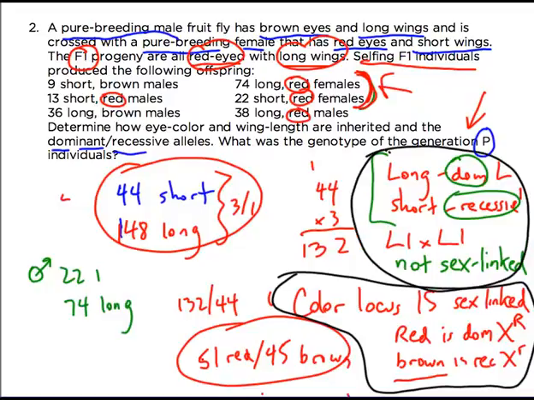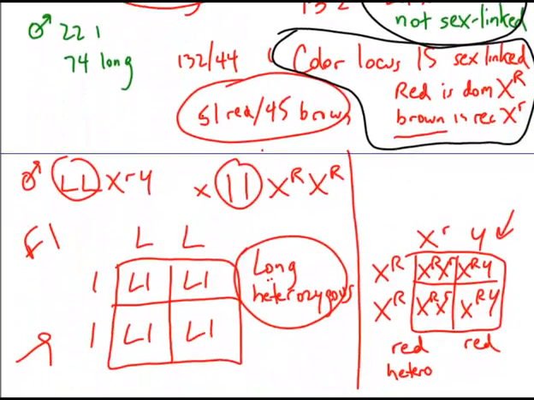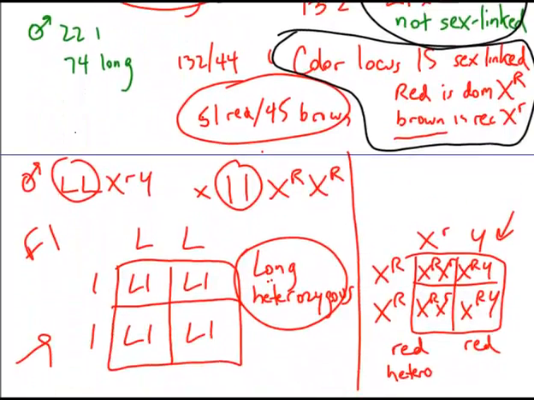What was the genotype of the original parents? Well, we see it right here, the parental. Big L, X little r, Y in the males. Little l, X big R in the females. And that's the parental generation.